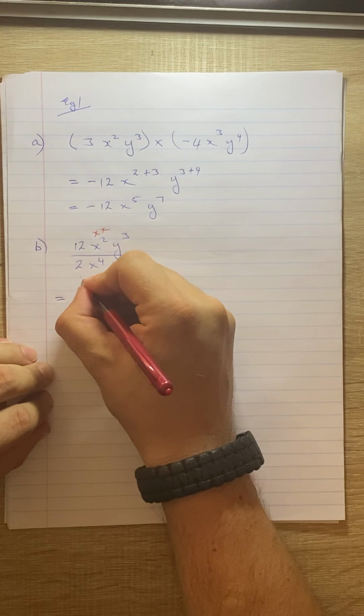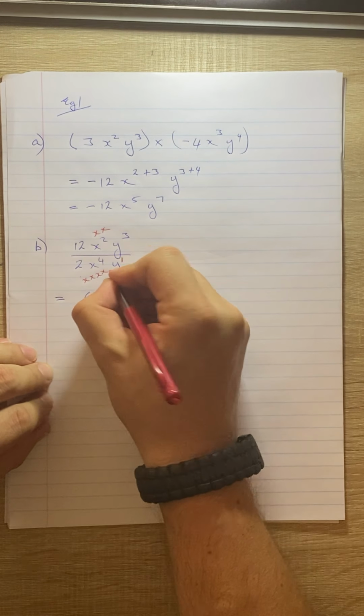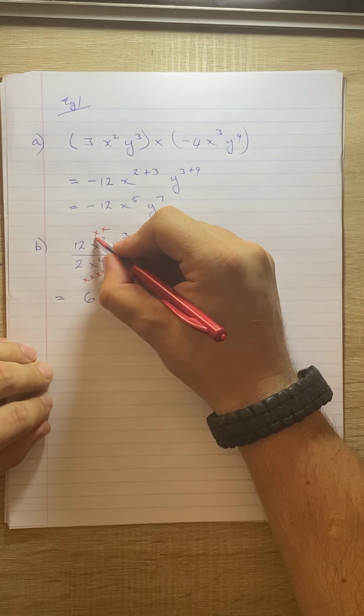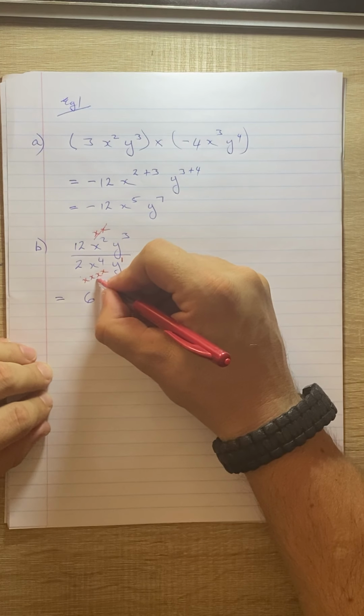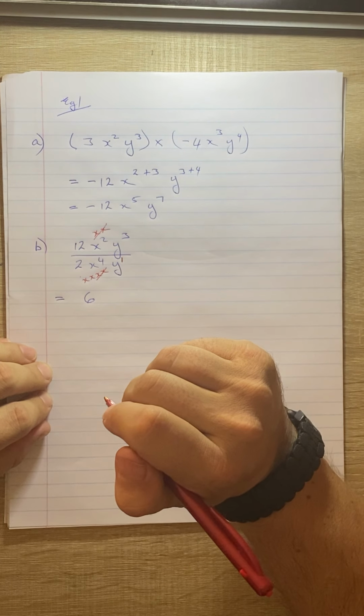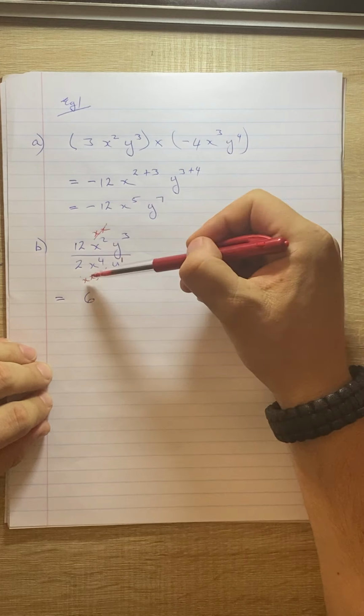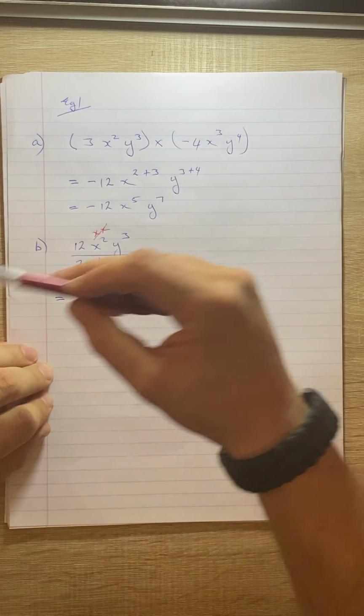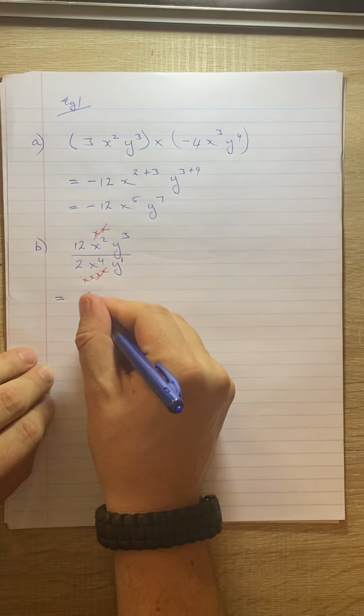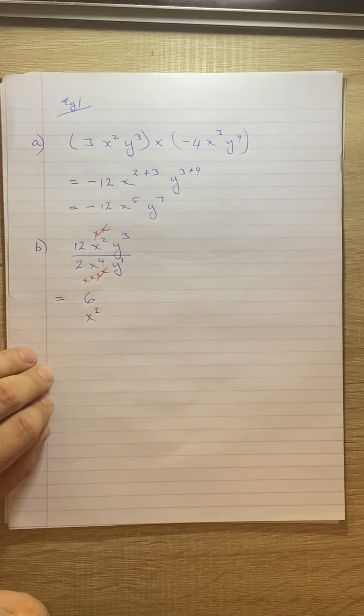This x to the 4 means we have 4 x's over there. Now you can see that the 2 x's at the top will cancel with 2 x's at the bottom. And what are we left with? We're left with 2 x's at the bottom, which is x squared.